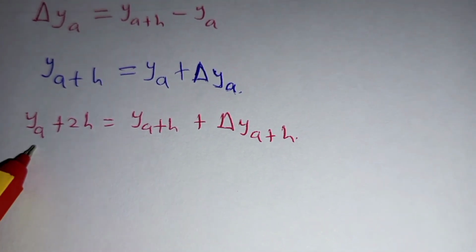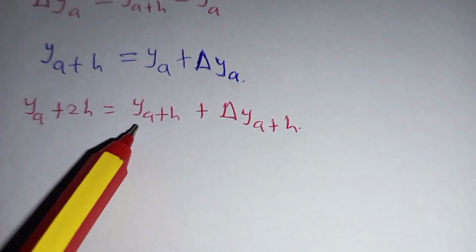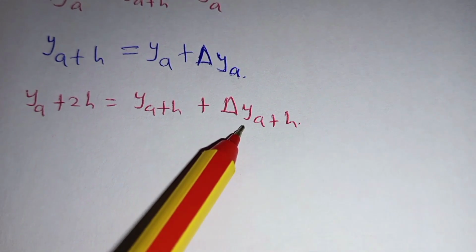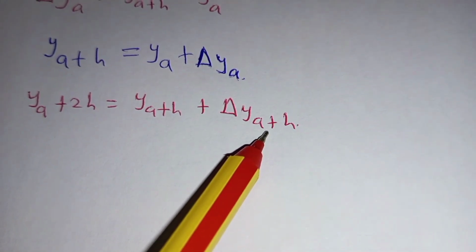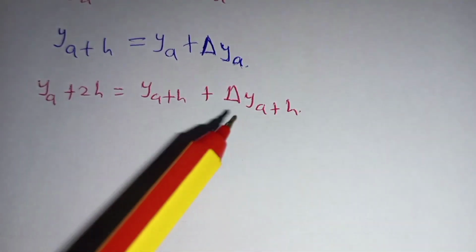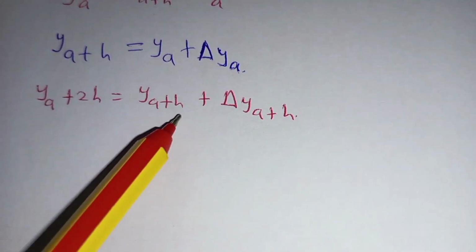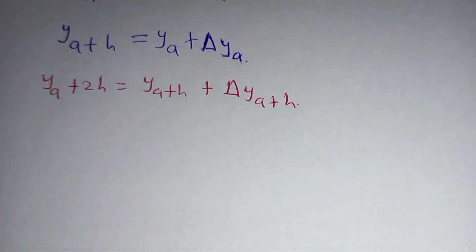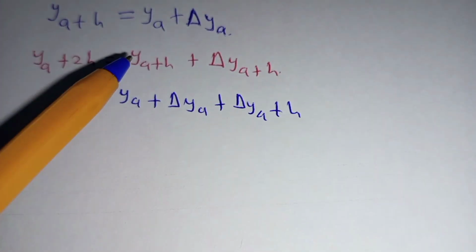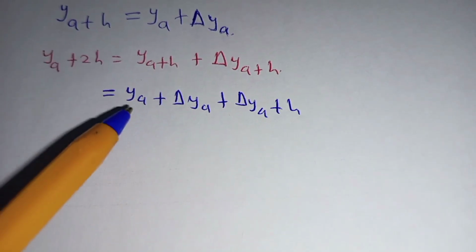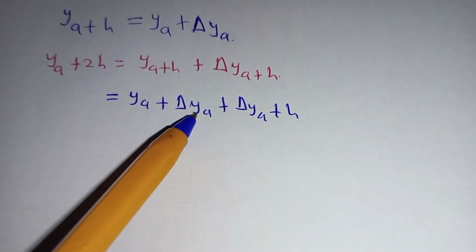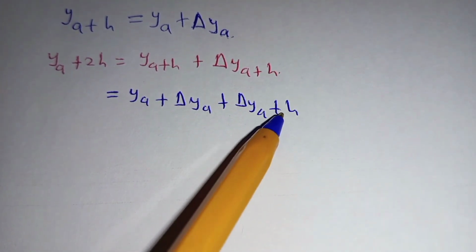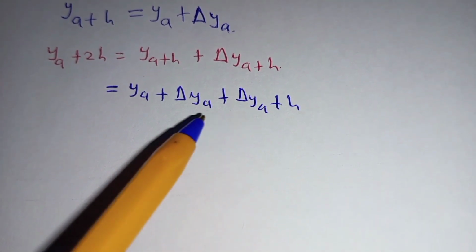Now moving to the second step, y of a plus 2h is equal to y of a plus h plus the forward difference operator of y of a plus h, where we can substitute y of a plus h with y of a plus the forward difference of y of a.